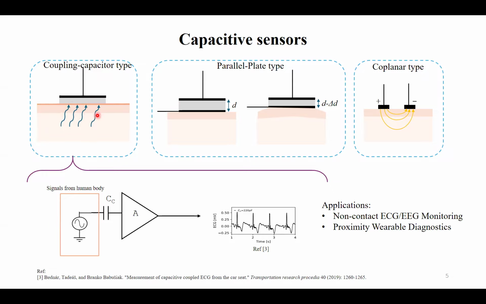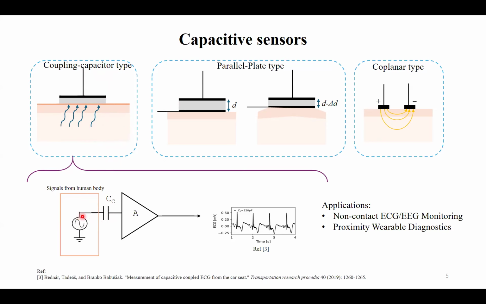So consider this as a human body or skin, and I have a metallic electrode here. So any signal arising from the body or any change in the ionic concentration here can be detected through this metallic coupling plate. So this is equivalent to a coupling capacitor here, as shown here.